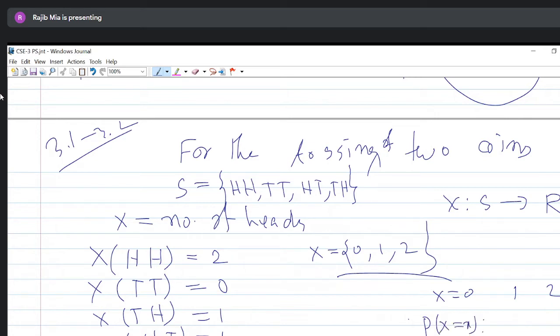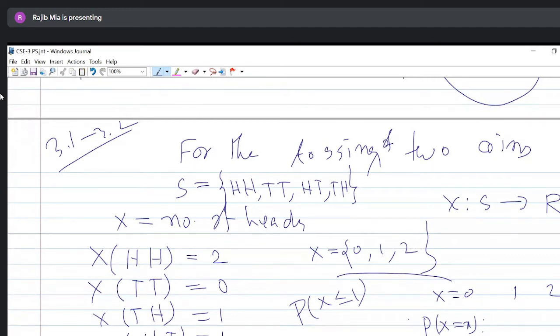What is the probability that X is equal to 0, that is, no head? Or the probability that X is equal to 1? Or X less than or equal to 1, that is at most 1 head, at most 2 heads. So this is the example of random variables.